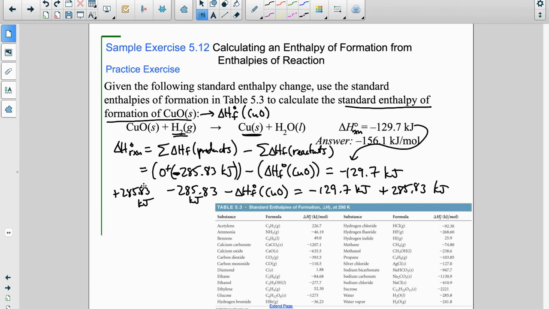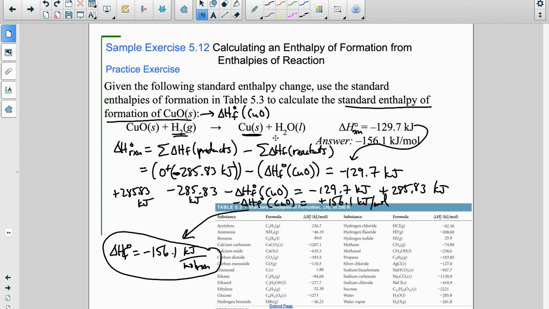So we also have to take the negative of this to get the value over here. So right now we have negative delta H f CuO is equal to this value of positive 156.1 kilojoules per mole. But since we need to move that negative over, the delta H is equal to negative 156.1 kilojoules per mole reaction.